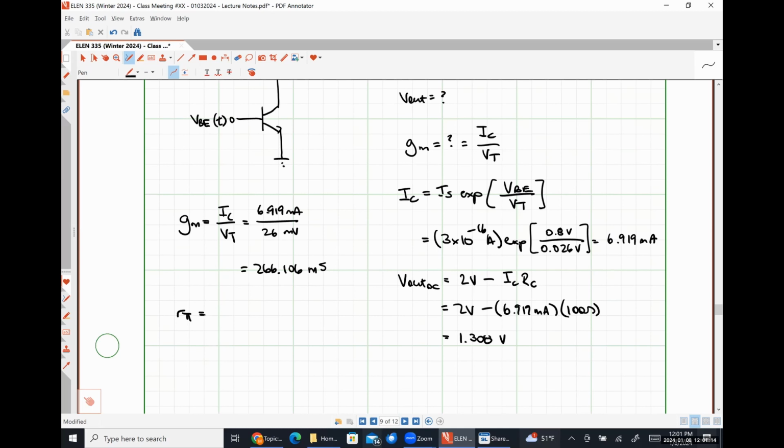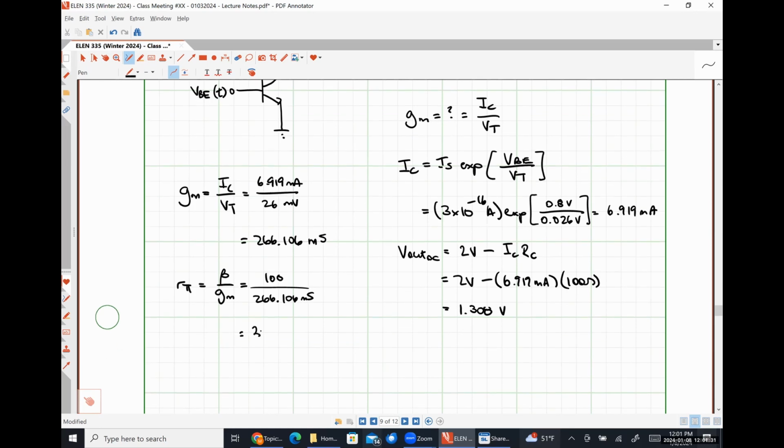R pi is beta over GM. So 100 divided by 266.106 millisiemens, which comes out to be 375.790 ohms.